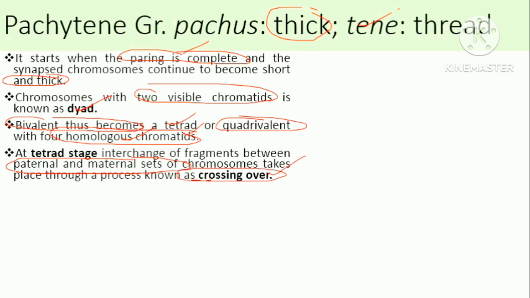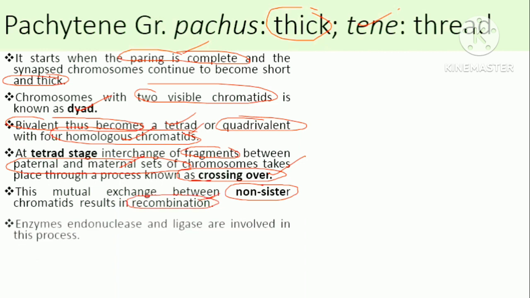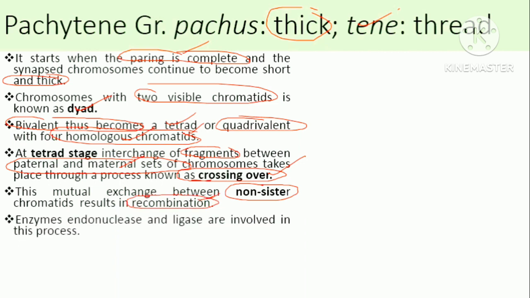Here, the exchange of chromosomal fragments occurs between one chromatid of the paternal chromosome and another chromatid of the maternal chromosome, that is non-sister chromatids, and this process is known as crossing over. This mutual exchange between non-sister chromatids results in recombination, so it brings variation. There is mixing of some characters due to exchange of genetic fragments or chromosomal fragments.